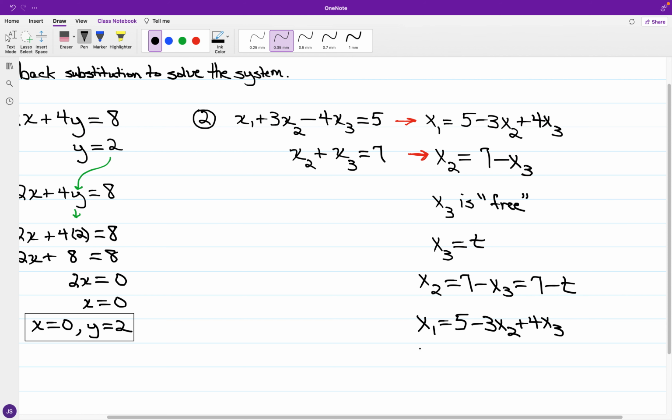I think I'm just going to move down here. So x of 1 is equal to 5 minus 3 times the quantity of 7 minus t, and 4 times x of 3 is going to be 4 times t.